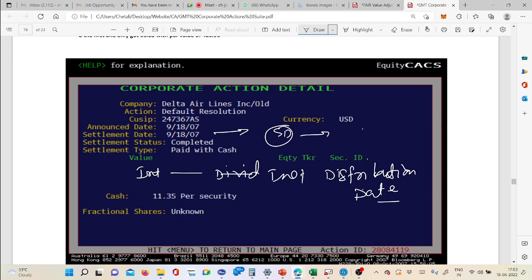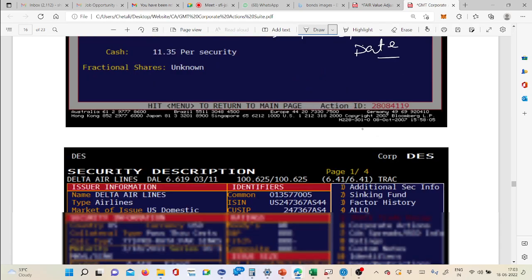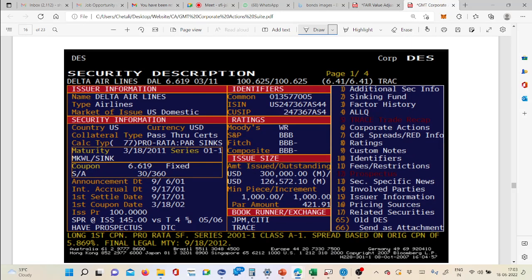Then only your security will be entitled to get the benefit of interest payment. See, that date we can call dividend distribution date also. Interest payment distribution date, not dividend, by mistake. Interest payment distribution date. Okay, so that will happen exactly on the settlement date.